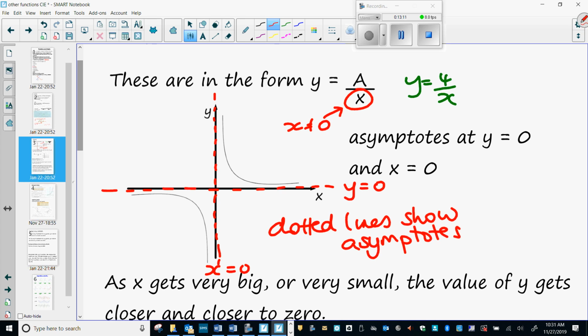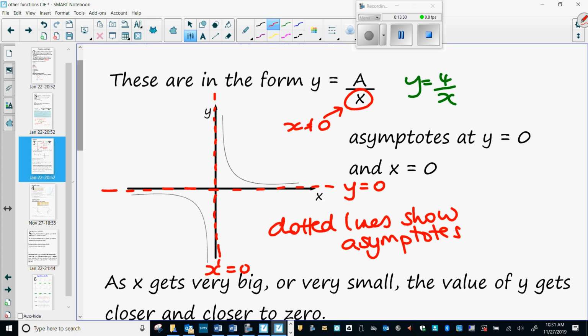Now, here the fact that we've got y equals 0 as an asymptote indicates that we would never have an answer of 0 here. Okay? So 4 divided by a number will never give us an answer of 0.